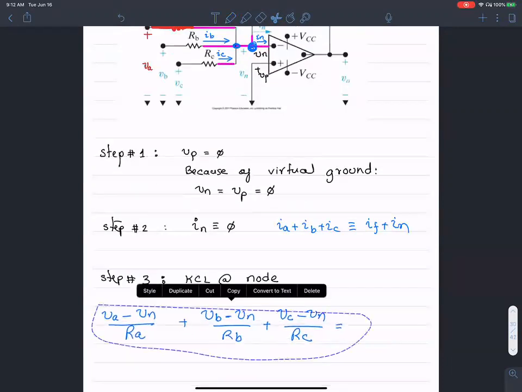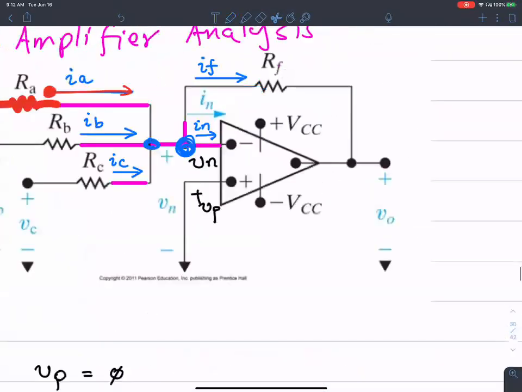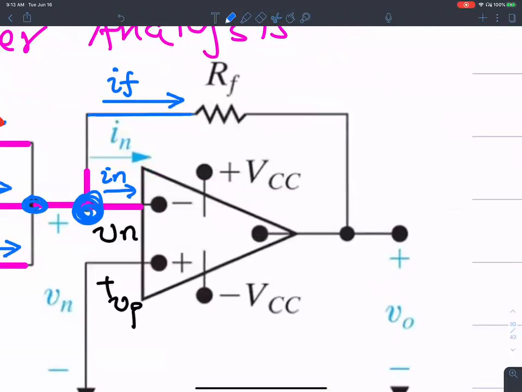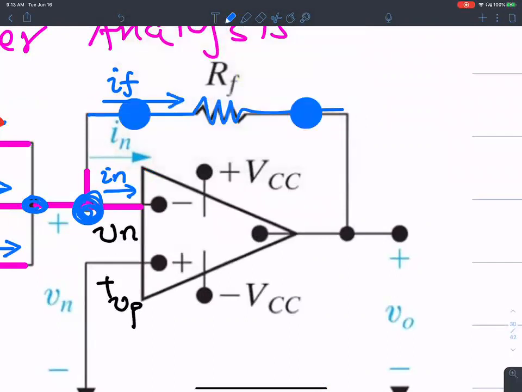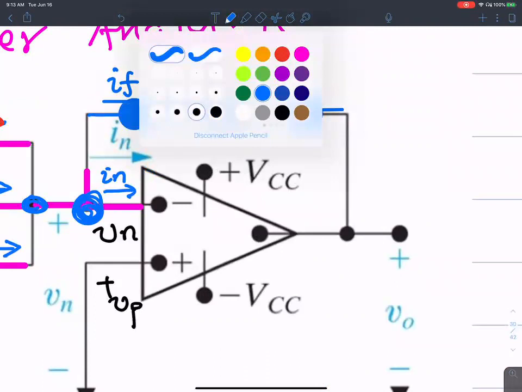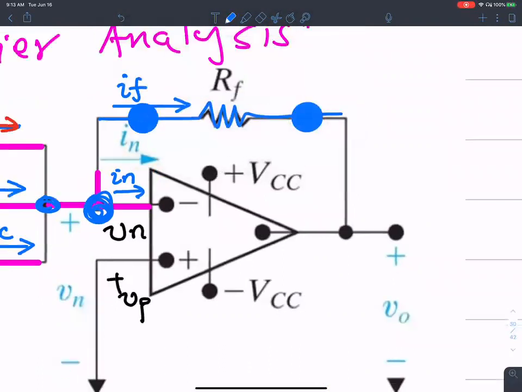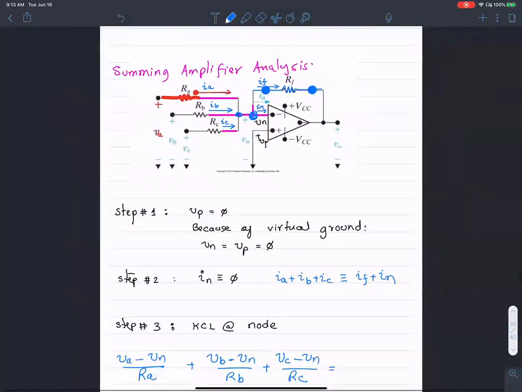What's the value of IF? IF is this current flowing in here. That's going to be the voltage on this node minus the voltage on that node, over RF. The voltage on the left is VN, minus the right voltage, which is VO, over RF.